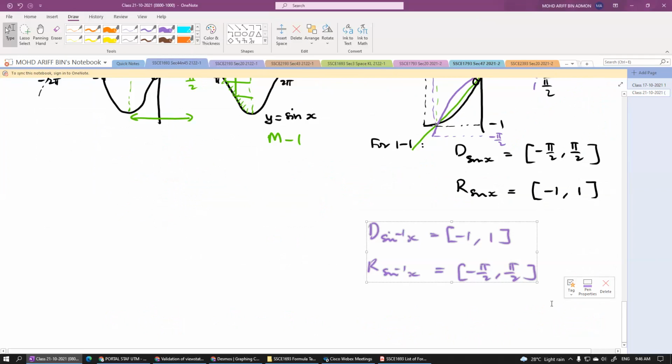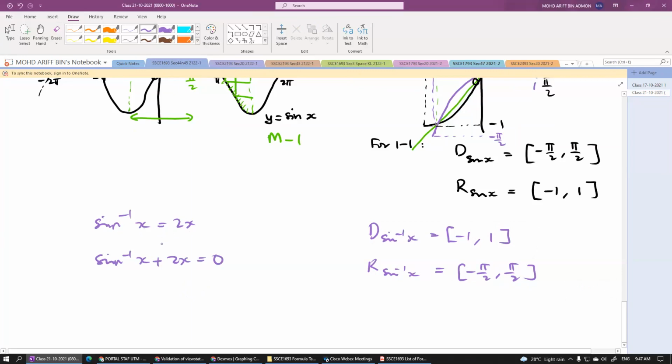What if it is inverse sine and 2x? So the domain and range will be different, right? You mean in the question we have sine inverse x equal to 2x, something like this? Or no, sine inverse of 2x.